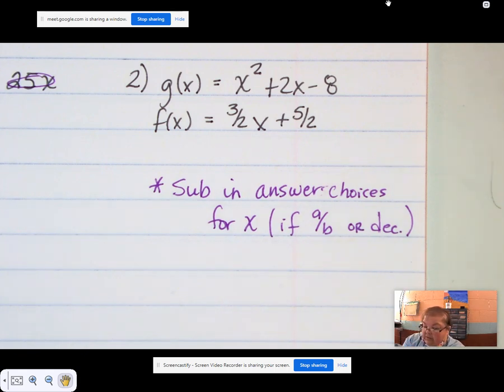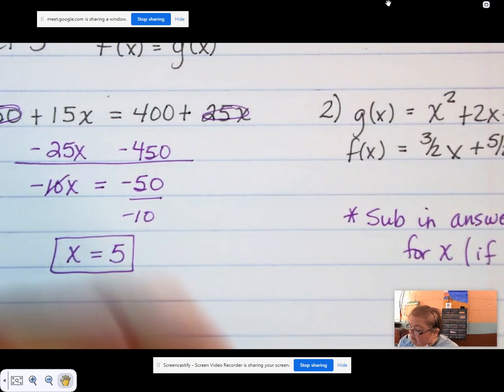Number 3 is going to work that same way. Number 4. Which system of equations has only one solution? Type it in. You're going to type those in the calculator. You're going to go to y equals. You're going to type in the first one, type in the second one, and you're going to see which ones have only one solution.